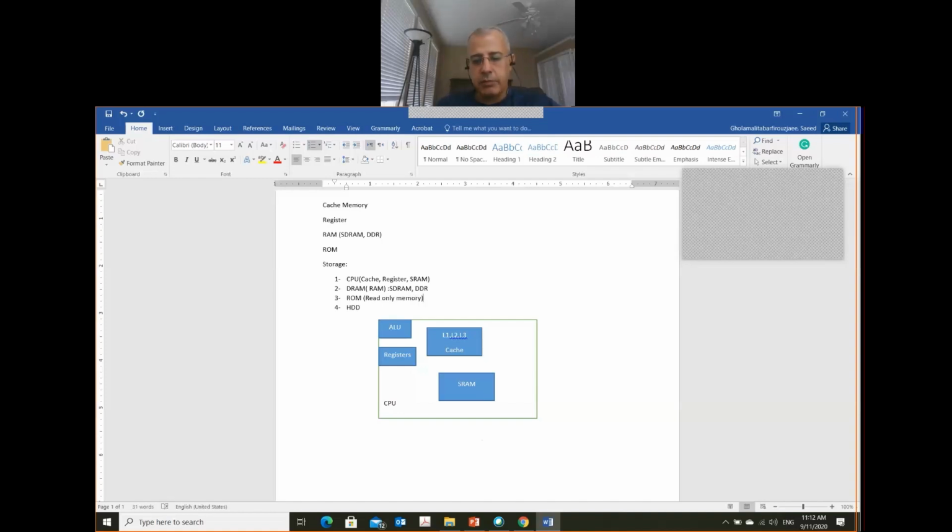It can keep information even when the system is off. But DRAM and other type of memory, except for hard disk drive, will lose their information when system is off. Okay, so ROM and hard disk drive can keep their information even when the system is off. So ROM is a kind of non-volatile memory, but DRAM, dynamic RAM, is a volatile memory.